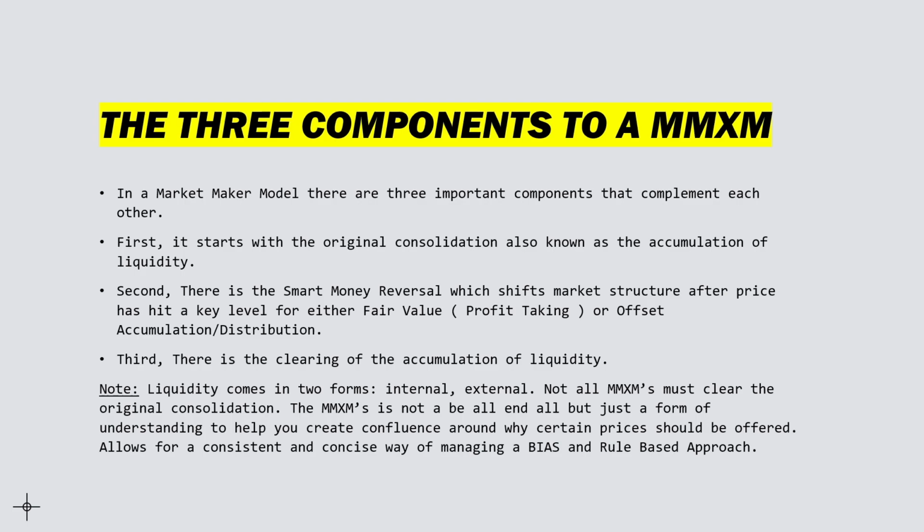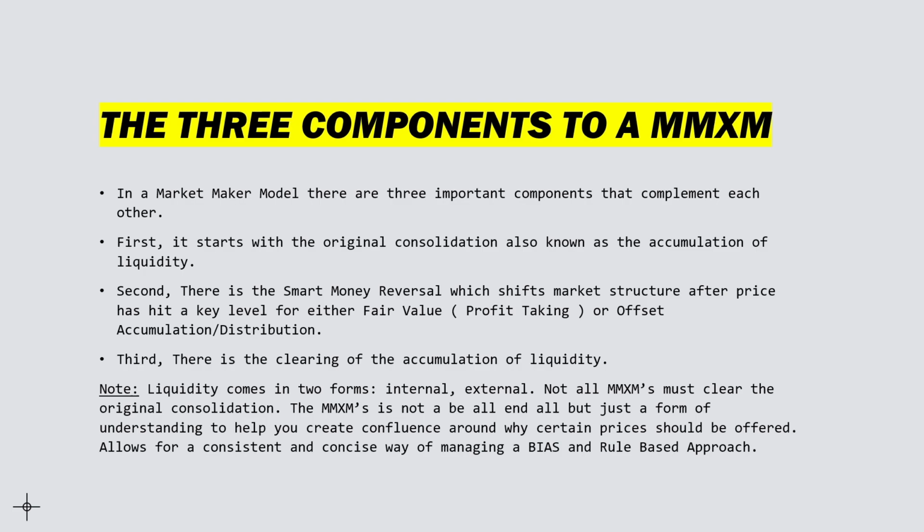So if the original consolidation was the accumulation of liquidity, the last part, the part that completes the market maker model, is the clearing of the accumulation of liquidity.